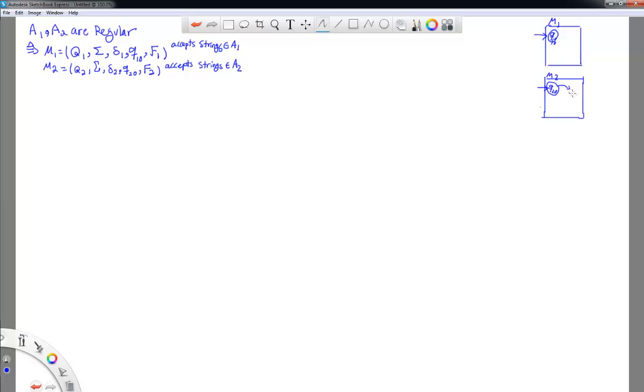These would perform operations on the input, go through some intermediate states, and end up with some accept states.